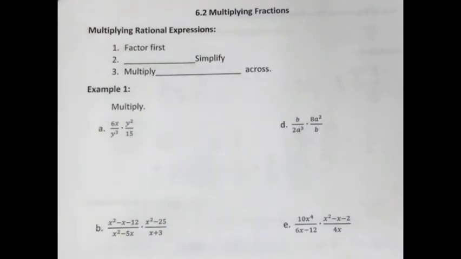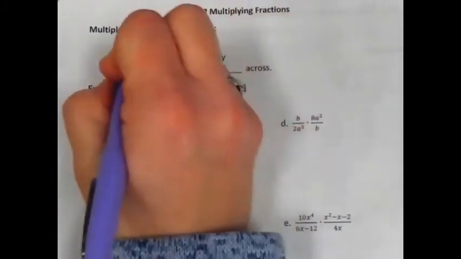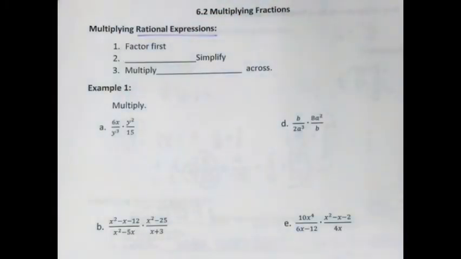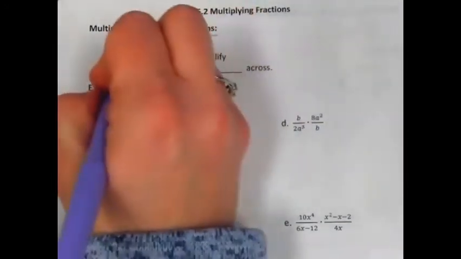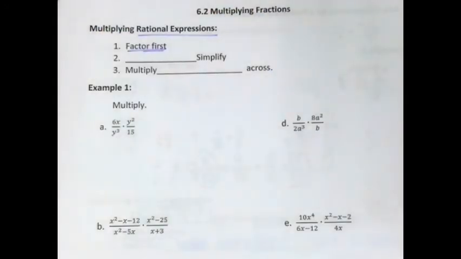Do we know how to multiply fractions? Yeah. Do we know how to multiply rational expressions where we have like the a squared plus b times something else? Yeah, we should. Okay. Do you guys know how to factor? Can we factor first? Yeah.